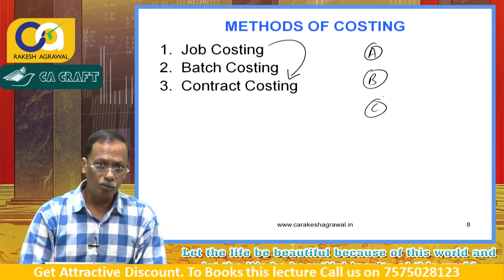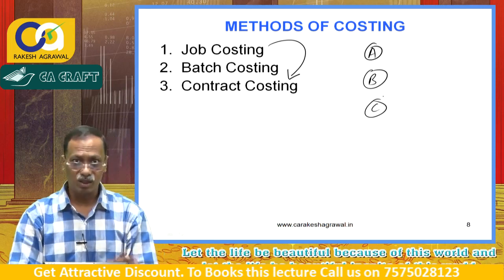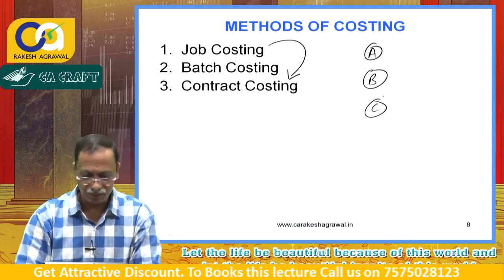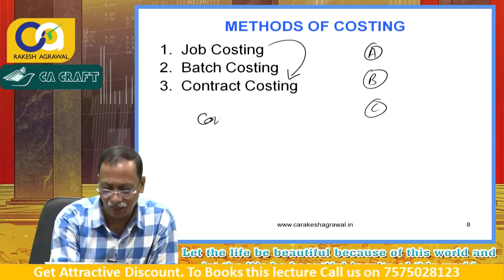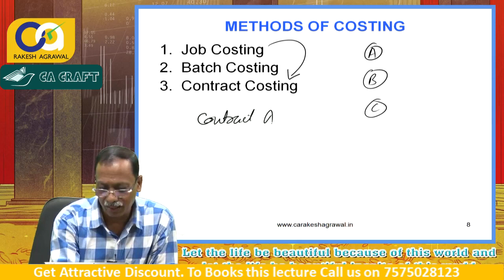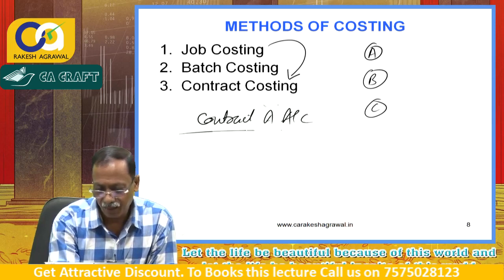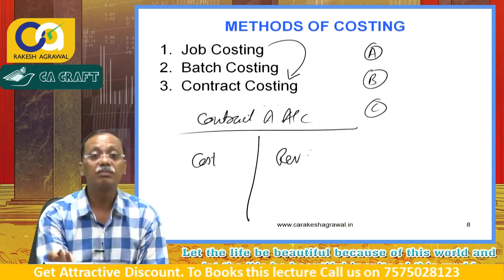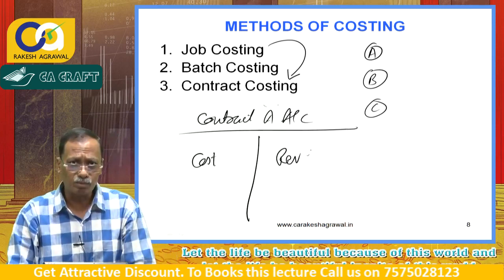Now don't you think I have to maintain a contract-wise record for each contract separately? If you remember, we used to prepare these accounts, contract A account, contract B account. I will keep the record of cost here and take the revenue here, so you will get contract-wise profit or loss.